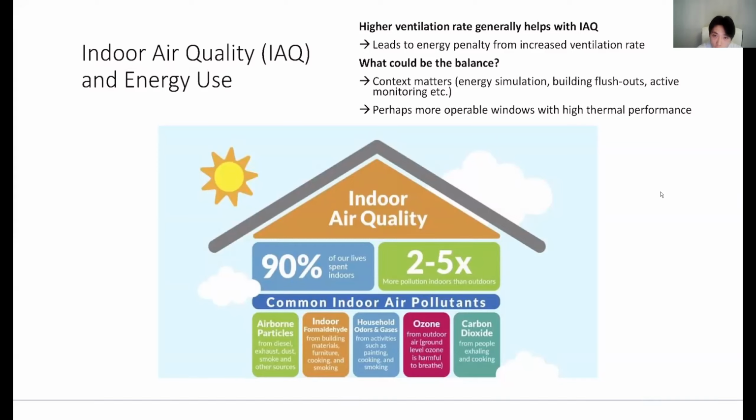So a higher ventilation rate generally helps with indoor air quality. But there are always two sides of the coin, right? If you have a higher ventilation rate, generally you need more energy supplied to provide that ventilation, because the majority of ventilation we provide to our space is through mechanical ventilation.